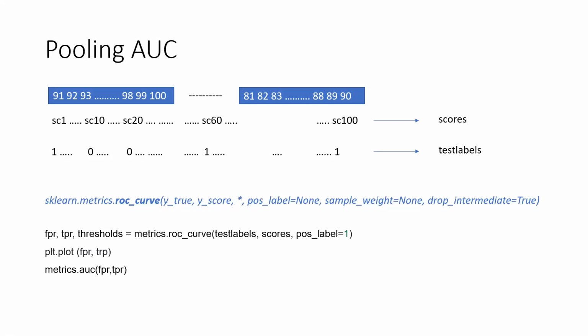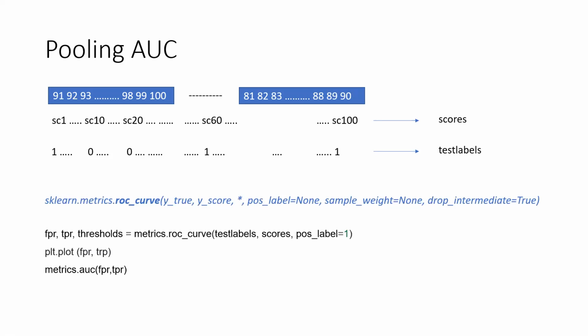Your first parameter is the test label. The second is the scores, and then you specify, in this case, that class 1 is of my interest. Then it will give you the false positive rate, true positive rate, and all the different thresholds. You can plot it to see your ROC curve, and you can use the metrics.auc function, and it will give you the AUC value.